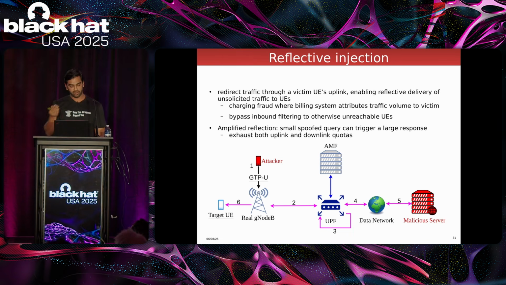The packet originates from the attacker, a GTP-U style encapsulated packet, goes to the gNodeB and the UPF, the UPF reroutes it, and then this packet would be tunneled to a specific malicious server that's controlled by the attacker, and then the response goes not to the attacker, but to the target UE. Imagine the attacker initiates a DNS query. The response would actually go to the target UE, the victim, for example, or the TEID that's actually forged or stolen from the network.